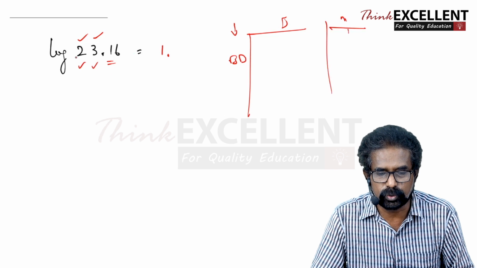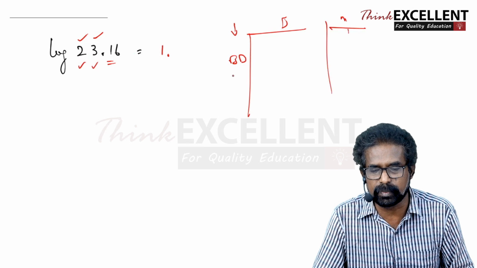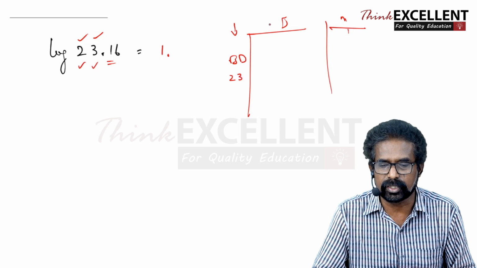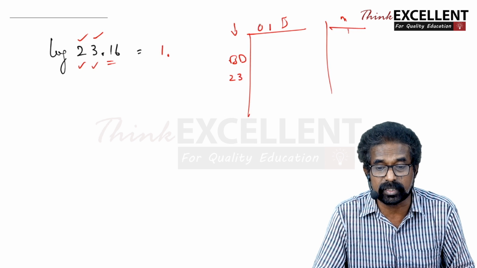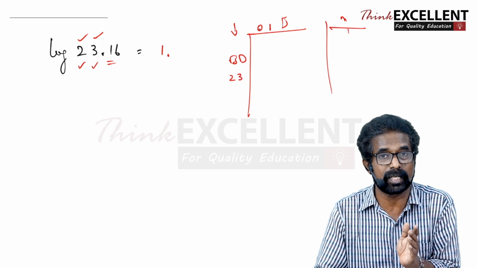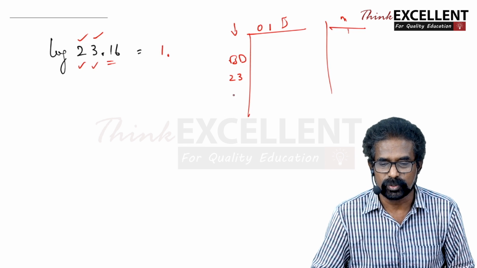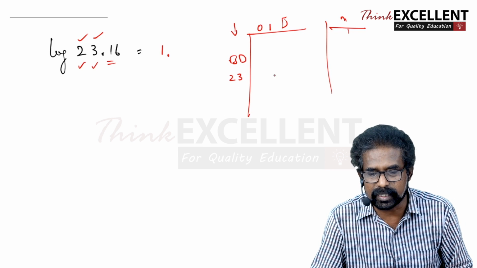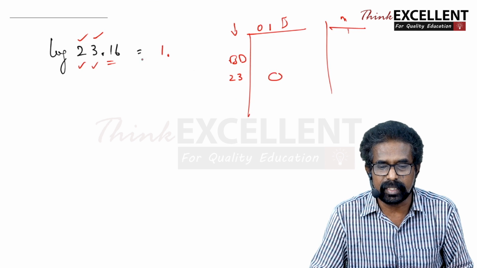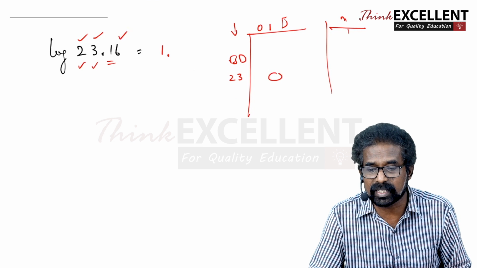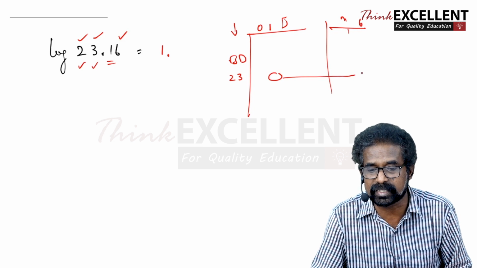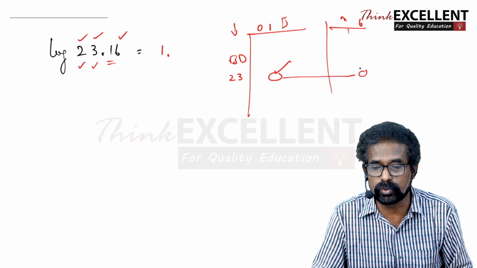So for 23.16, for 23, at the top for 1. 1 means it starts with 0; sometimes students make that mistake. The first number will be 0, then 1, 2, like that. So take 23, 1, this particular number. Then the next digit is 6. For the mean difference for 6, in the same line, see what number you have. These two you have to add.